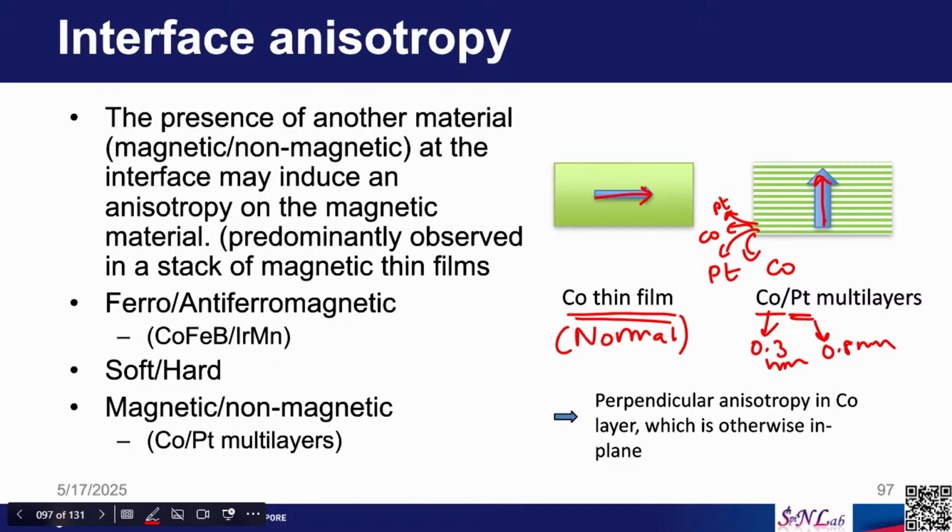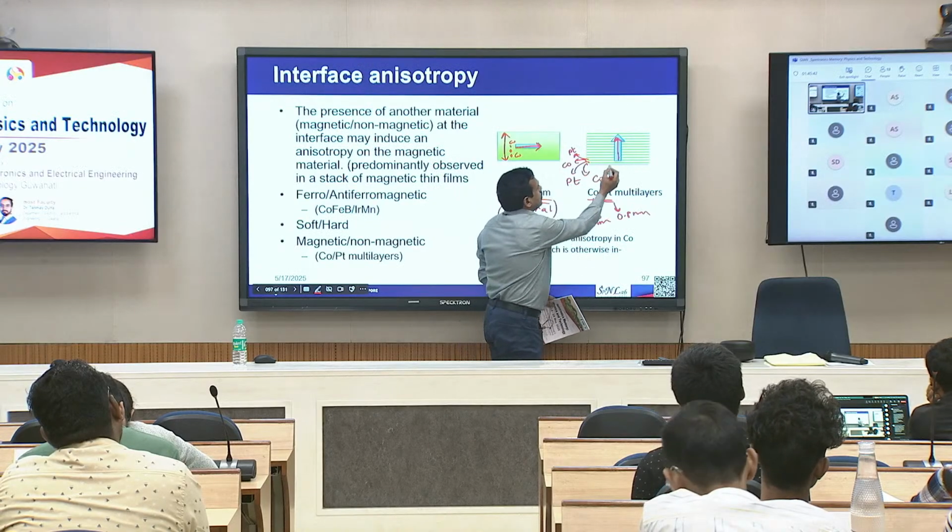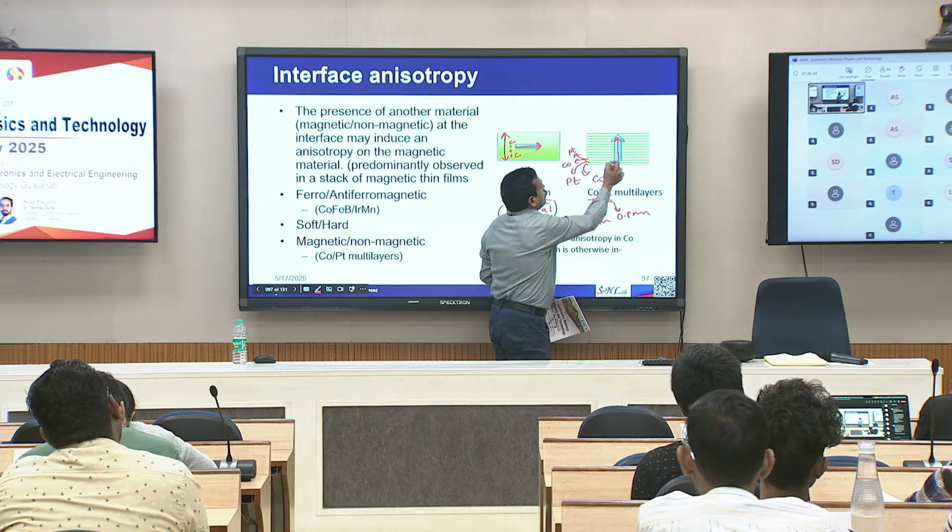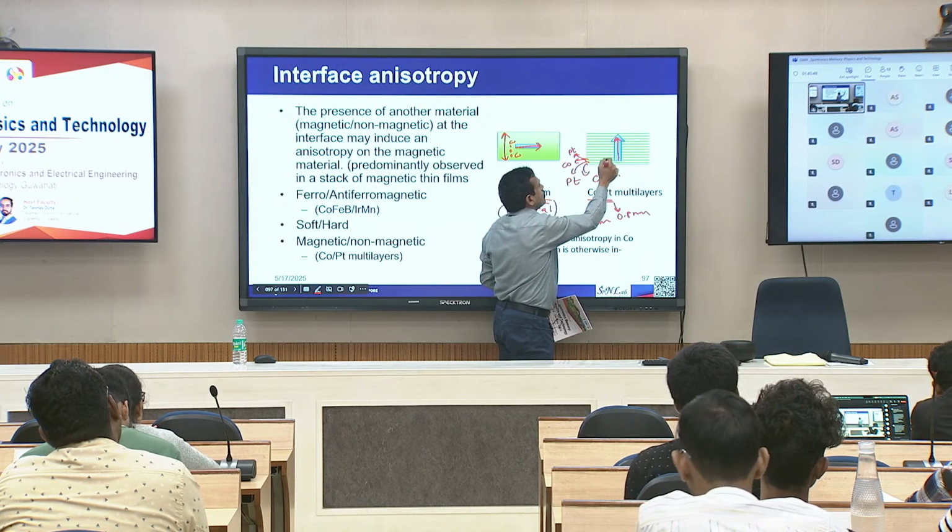Okay. So, here you have lots of interfaces of cobalt and platinum. So, here your cobalt is cobalt throughout. Okay. So, the cobalt atom here, its side neighbor also is cobalt, bottom neighbor, top neighbor, all are cobalt for this particular case, whereas in this case a cobalt here will see platinum as a neighbor on the top surface and so on.